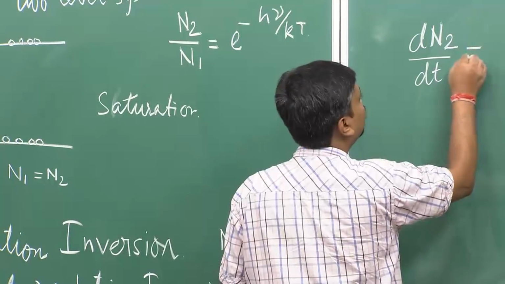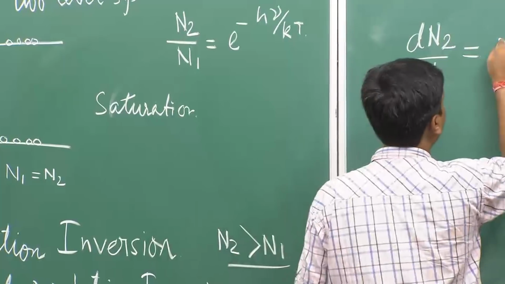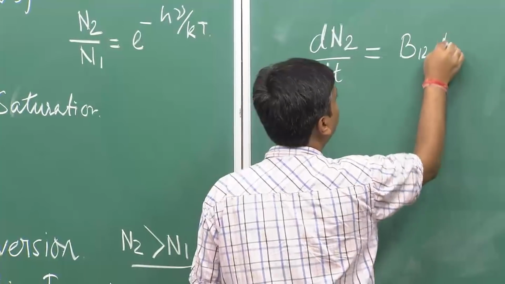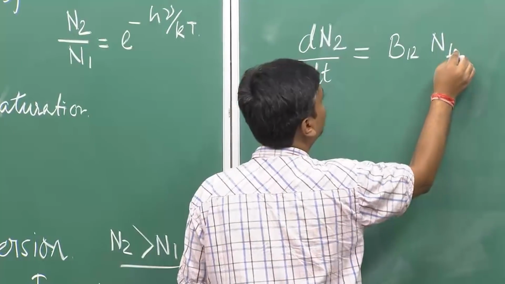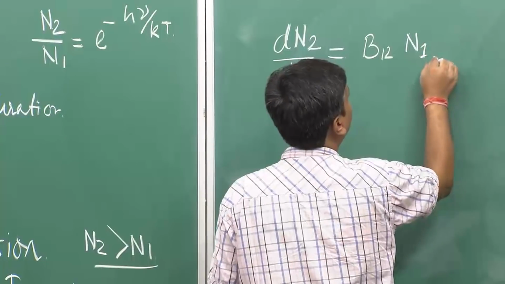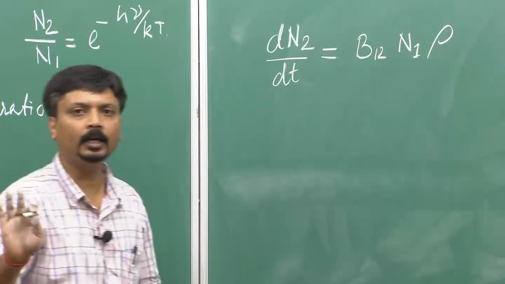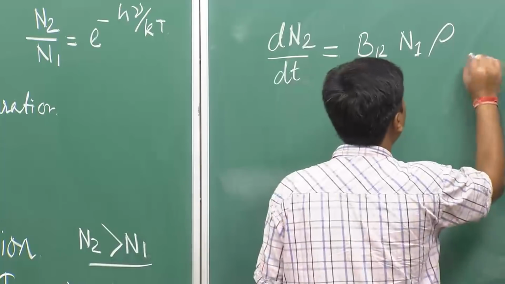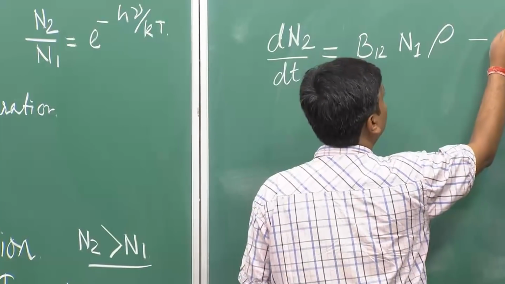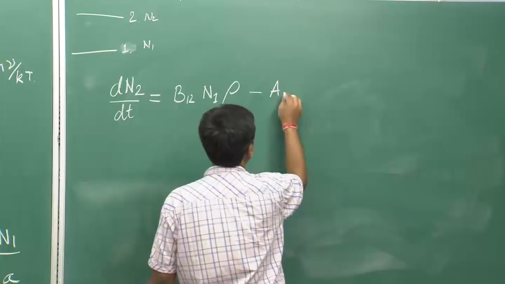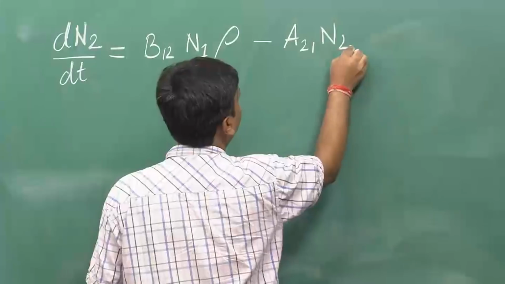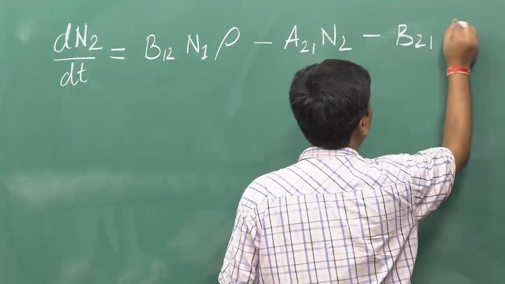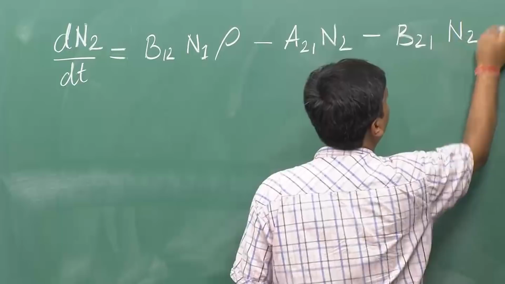So, if I write this, what do I have? First, absorption: B12 N1 into rho. I am not writing that rho within bracket h nu 12 anymore for simplicity, minus spontaneous emission A21 N2, minus B21 N2 rho.